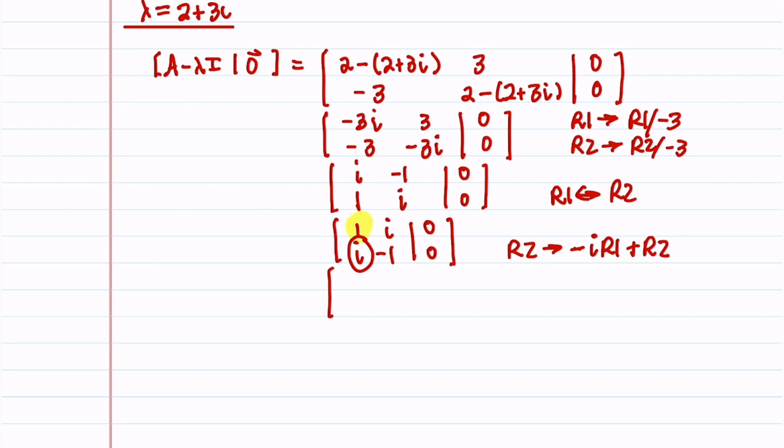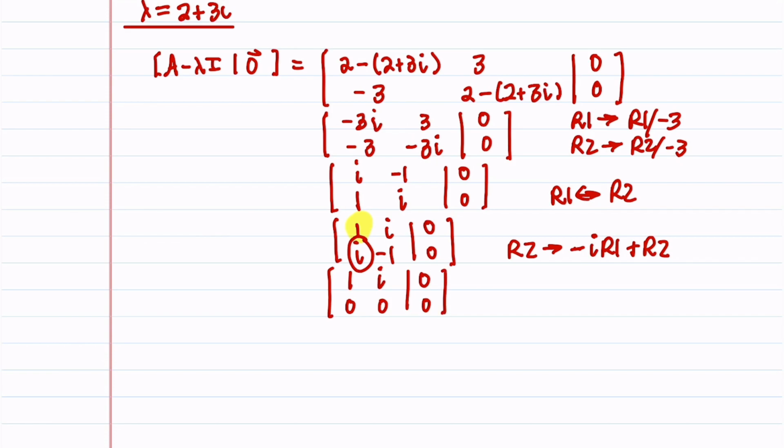I'm going through these steps carefully because when I did this type of problem with my students, the complex arithmetic was really hard. So we have a 1, i, 0. We're multiplying the top row by minus i, so that gives us a 0. And then an i times an i is a minus 1, and we take the negative of that, which is 1. 1 minus 1 is 0.